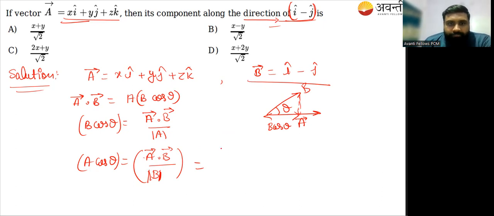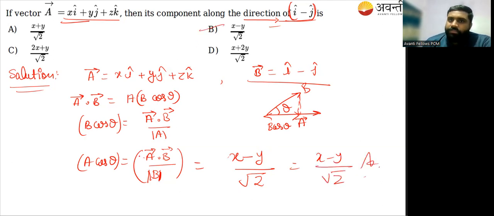Now A dot B will become very simple. x i cap and i cap will become x. y j cap and minus j cap will become minus y. Magnitude of i cap minus j cap will be root 2, because 1 square plus minus 1 square will be 1, so 1 plus 1 will be 2. So it will be x minus y by root 2. Option B is the correct one.